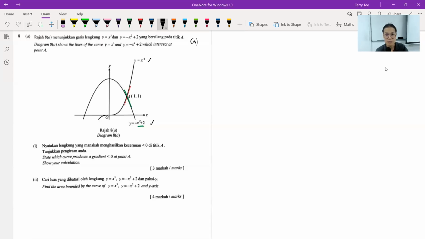For the first curve, y equals x cubed, when we differentiate, dy/dx gives us 3x squared. Now at point A, x is 1. My dy/dx will be 3 times 1 squared, which is 3. My gradient here is more than 0. For the second curve, y equals negative x squared plus 2, when I differentiate, dy/dx will be minus 2x.